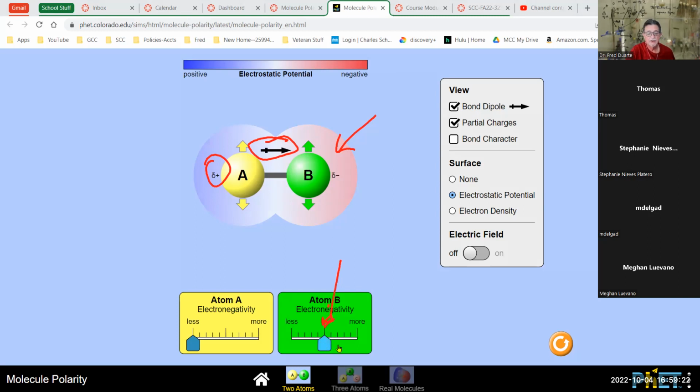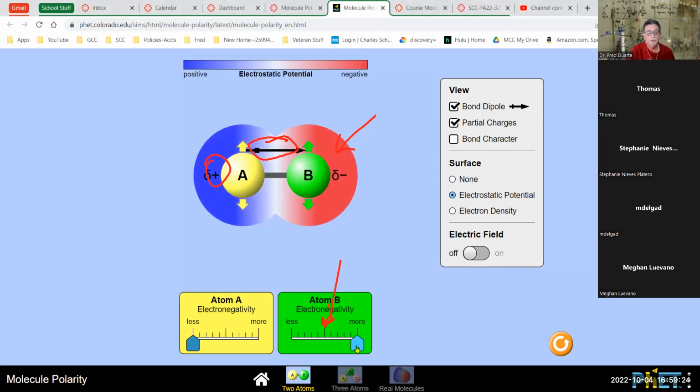If I increase the arrow, you can see how blue it gets. In fact, let me clear this up. If the difference between the electronegativities is quite large in this example, we literally have an ionic compound. So this could be an example of, let's say, the sodium ion and the chloride ion.